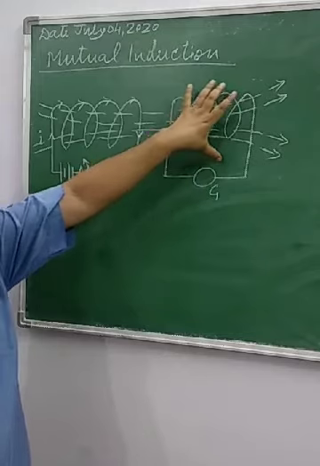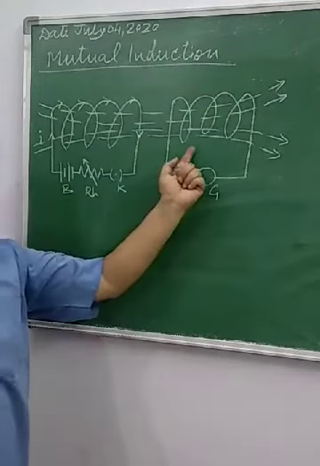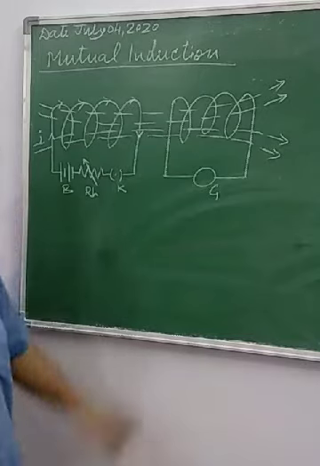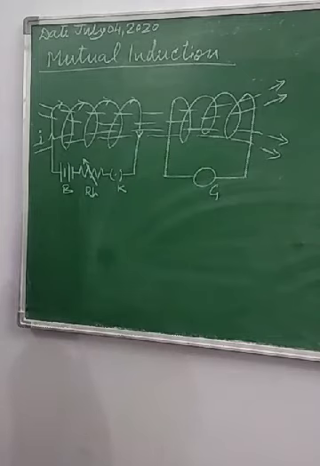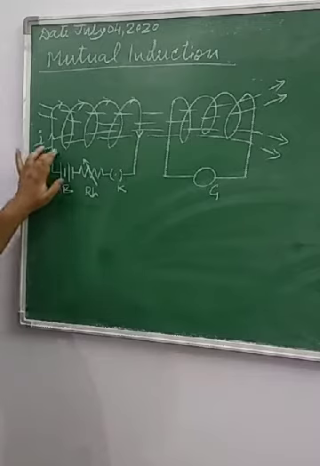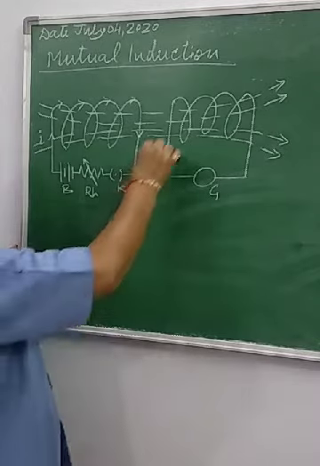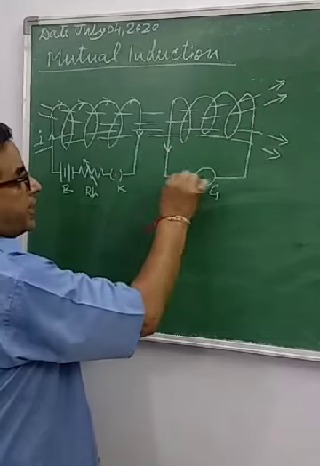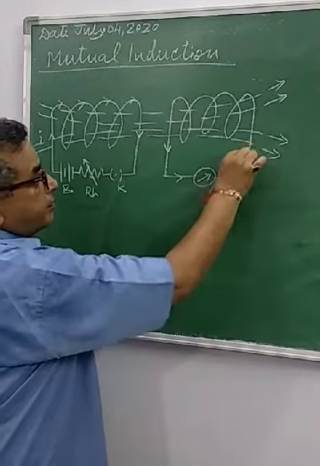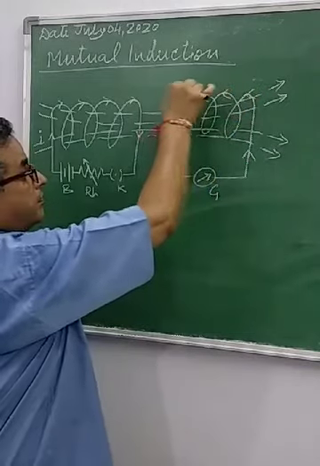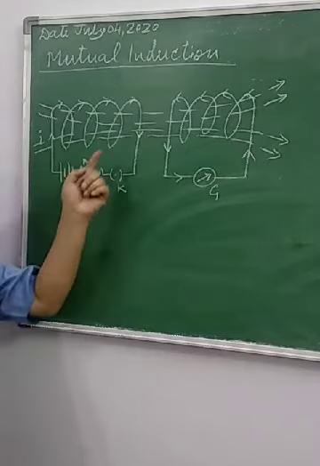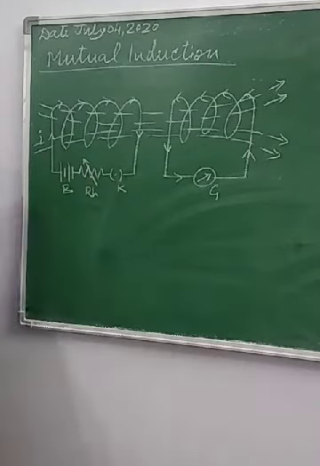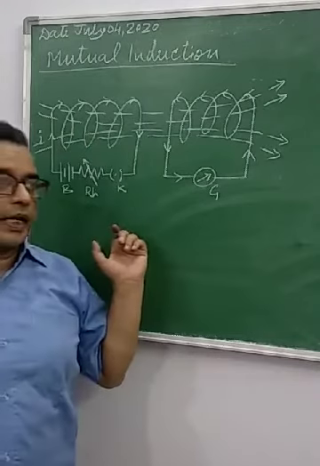So a current is produced in this second circuit or coil, and the direction of the current will be opposite. So it will oppose the increase of the current in the primary coil or circuit. So current will flow in this direction. So either the current increases in this or we insert the key. So this is the mutual induction.